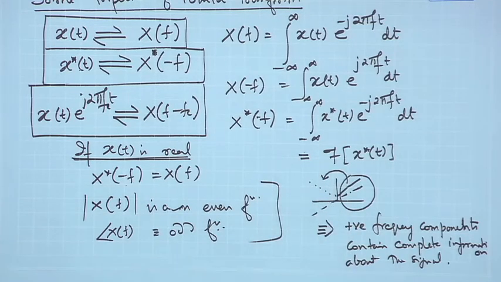So, at this point, when we look at the relationships that we have established, we have got the Fourier relationship of the delta function, that of the unit step function, and we have also seen the translation, and the relationship of the Fourier transforms for the case of a real signal.